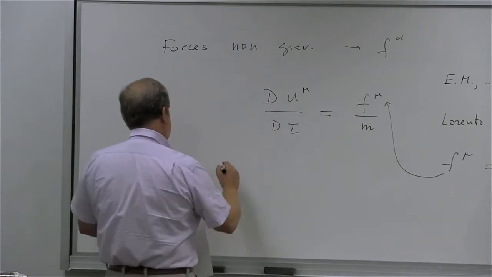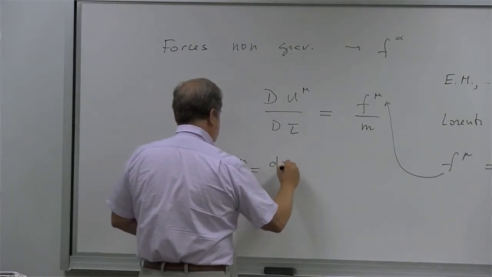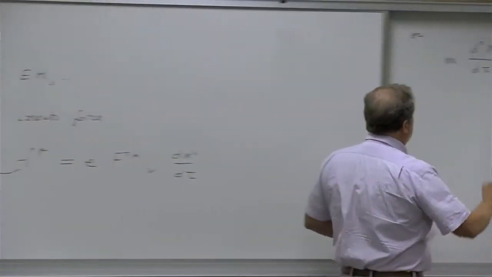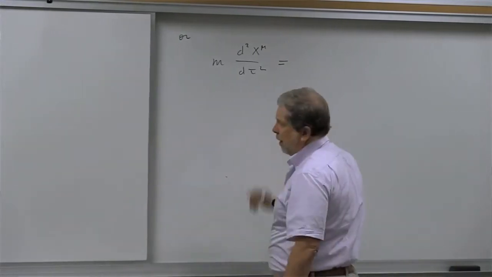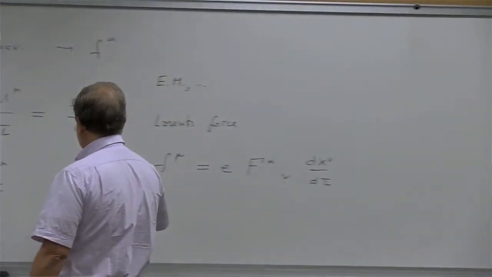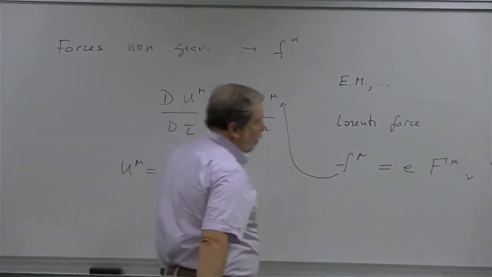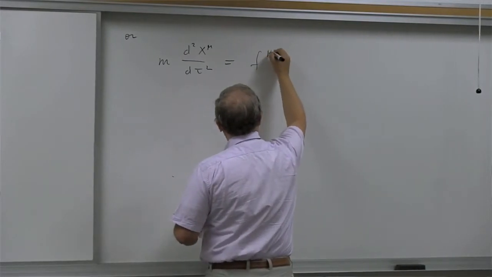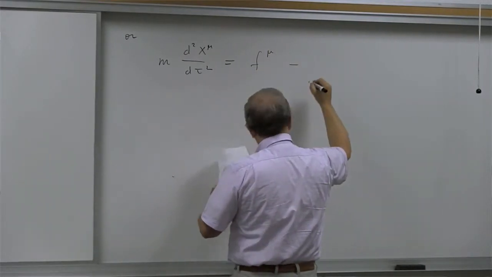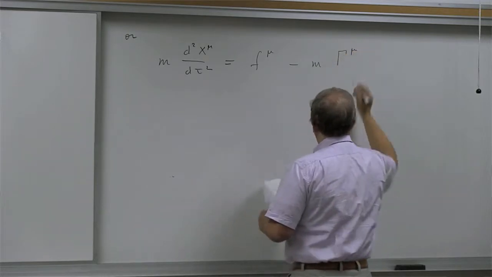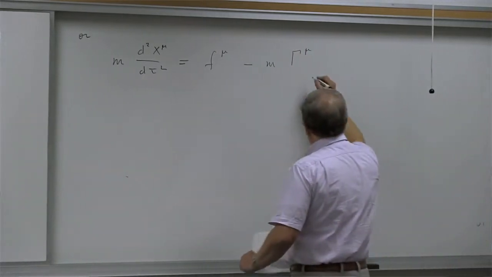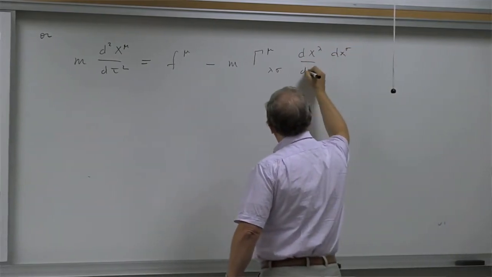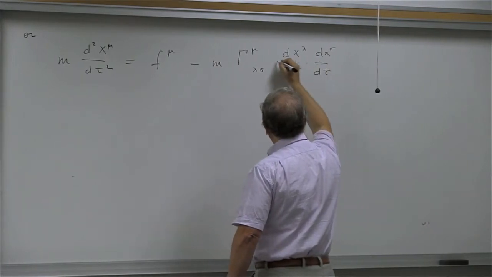But of course, the 4-velocity itself, u mu, is just dx mu by d tau. So we write that out explicitly, and we leave that on the left-hand side, and we bring over on the right-hand side, next to the first term, the contribution from the affine connection. So we can write this as the F mu we have over there, and then minus m times the gamma mu lambda sigma dx lambda by d tau dx sigma by d tau, in this way.